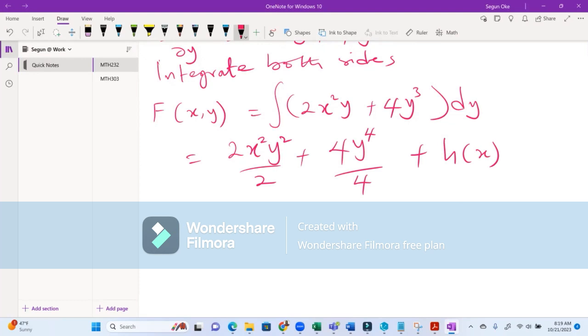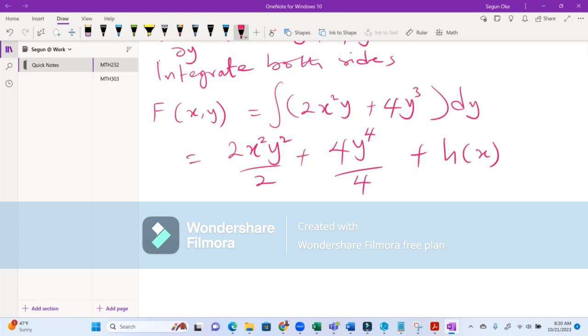When you integrate such things, you always add plus c as a constant. But in this case, we add h of x because it's like a partial differential equation you are solving, with x and y, and I need to add a constant of x into it. If I'm integrating with respect to x, I will add a constant of y into it. So please take note of that.